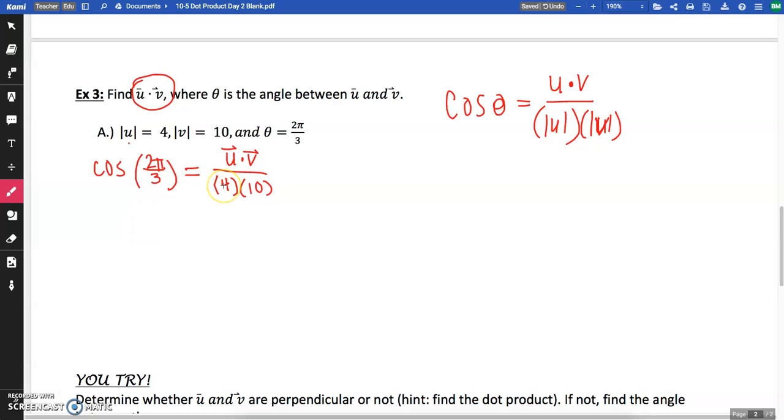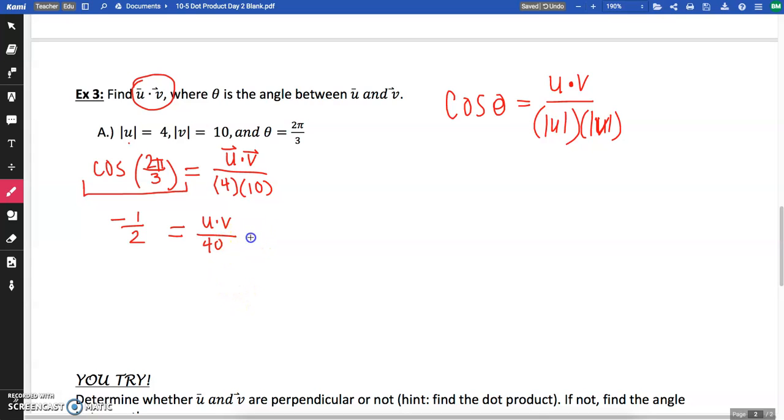So now it's just kind of an algebra problem with a little bit of trig in there. So we can simplify cosine of 2 pi over 3, if you remember from your unit circle, that would be -1/2. So this is a radian measure, radian angle, right? Equals our unknown dot product divided by 40.